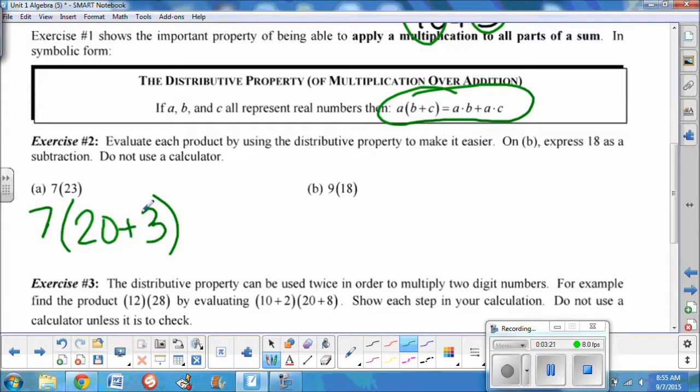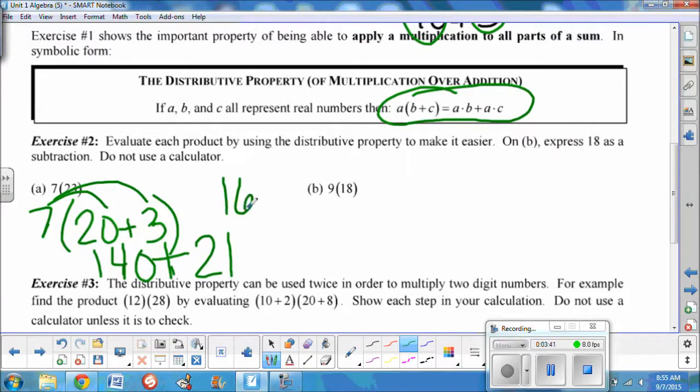So then using that distributive property, I'd end up with 7 times 20, which is 140. And then 7 times 3, which is 21. And we can add that up, 161. So just another way of looking at it, involving properties.